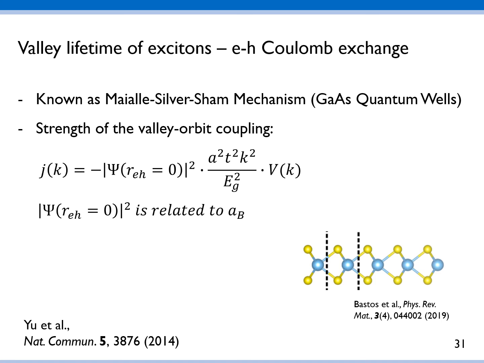However, about our 2D system, there are some peculiarities. First, because of the missing screening of electric fields in the bulk environment, because we have a monolayer, the electron and the hole experience strong Coulomb interaction in the monolayer. As you can see here, there's no screening in this direction and in this direction, right?